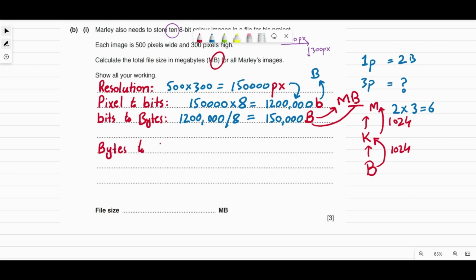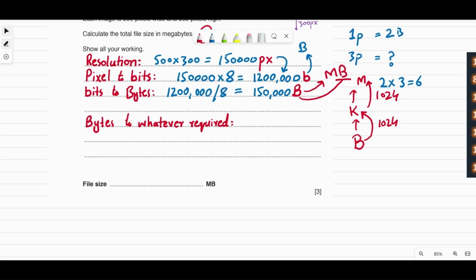From bits to byte, the last step is bytes to whatever unit is required. So 150,000.